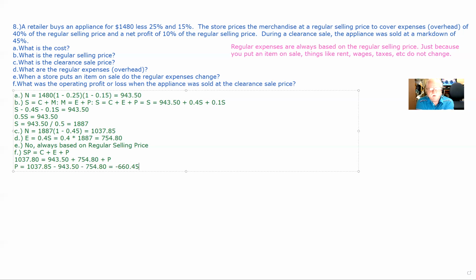So that would be the amount they lost on any of these appliances that they sold at the clearance sale price. So let's save all that nonsense. And then let's stop recording this.